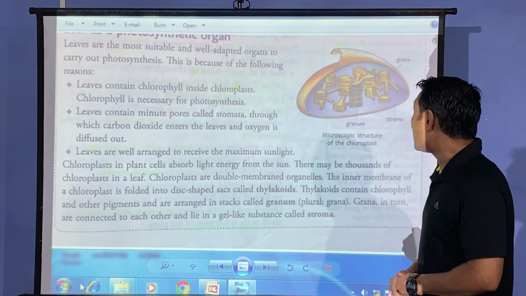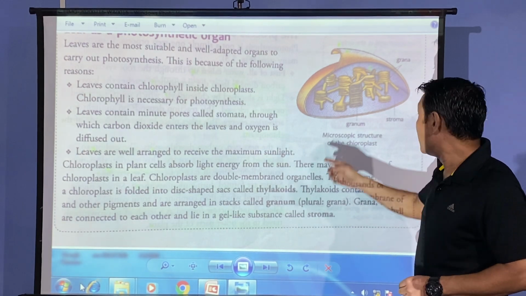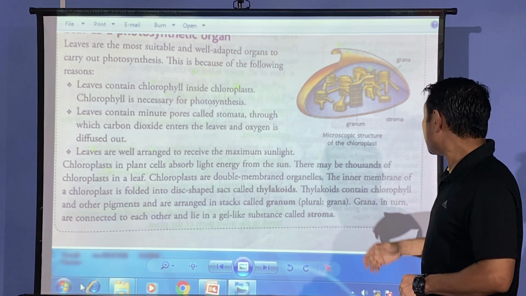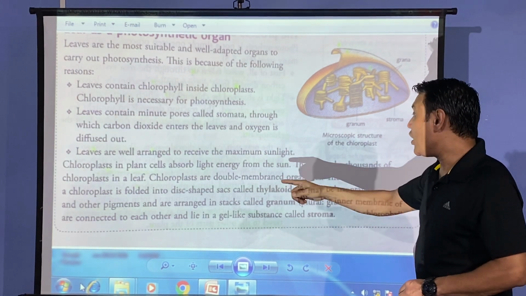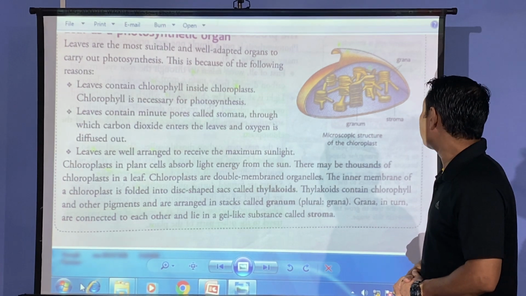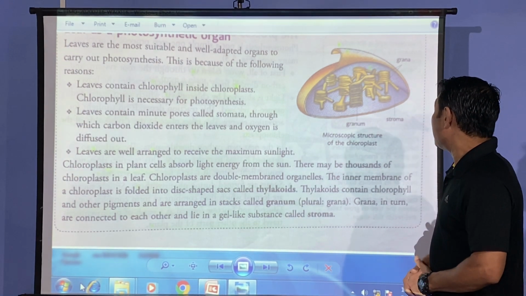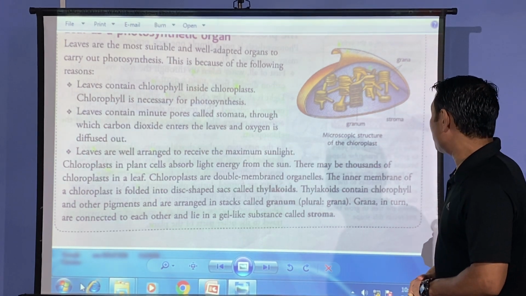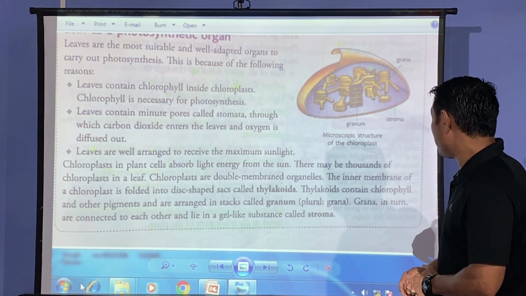Chloroplasts are double membrane organelles. So how many membranes do chloroplasts have? It has a double membrane. And the inner membrane of the chloroplast is folded into disc-shaped sacs called thylakoids. Okay? So we have disc-shaped structures which are known as thylakoids over here, as you can see.